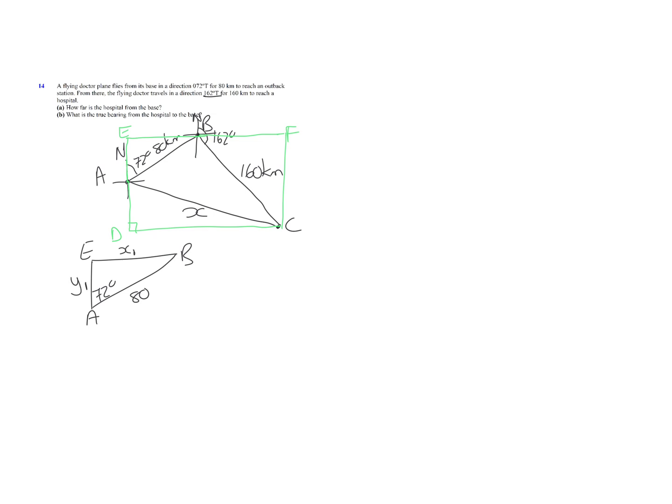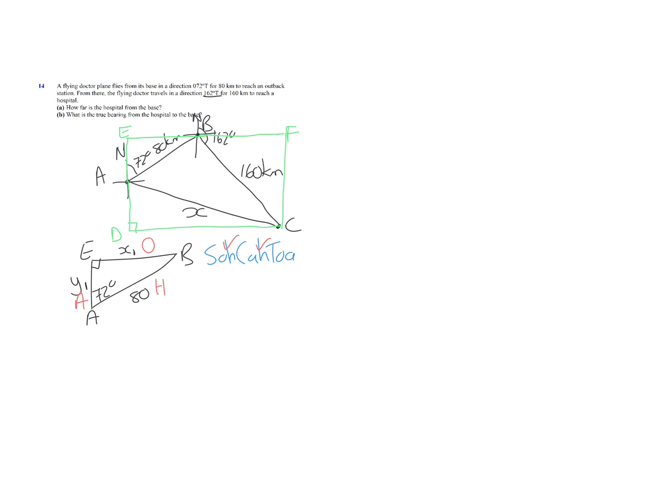Now I want to work out X1 and Y1. So I'm going to use trigonometry. There's a 90 degree at E, so opposite that is the hypotenuse. Opposite the 72 degrees is O. Next to it is A. So when I write down SOH CAH TOA, and I have the hypotenuse, so I can tick H.